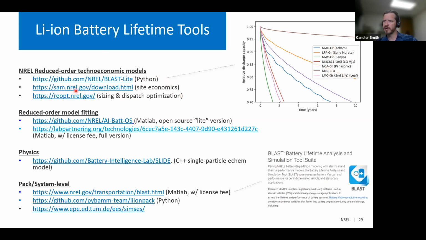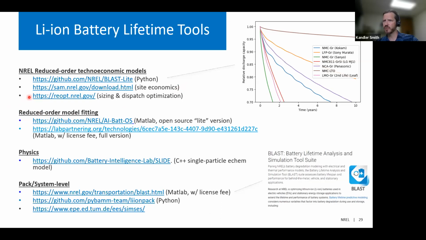The System Advisor Model is out of NREL for optimizing the economics and simulating dispatch and control of sites with renewable energy, as well as battery energy storage or other time of use type costs for electricity.